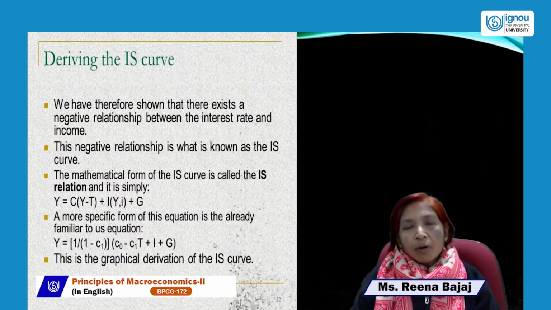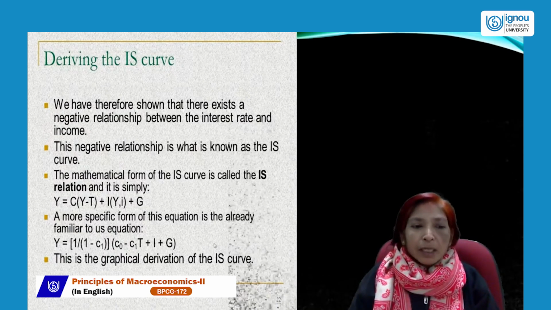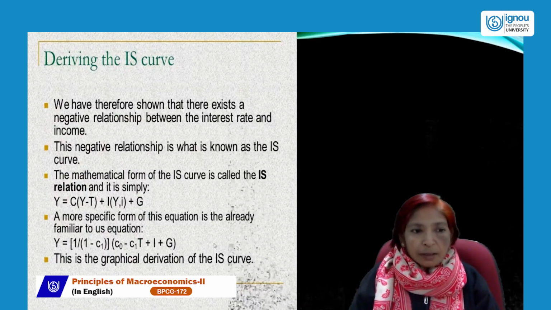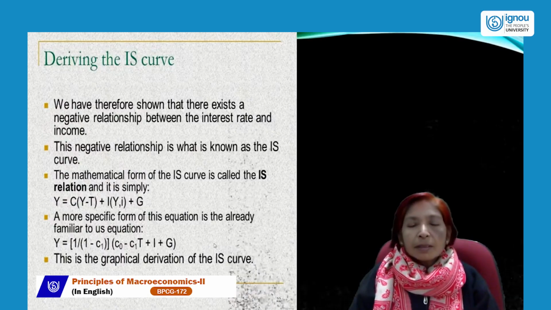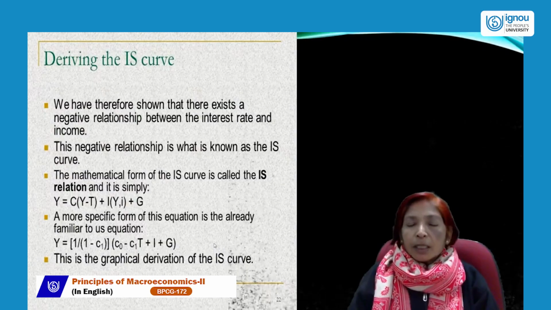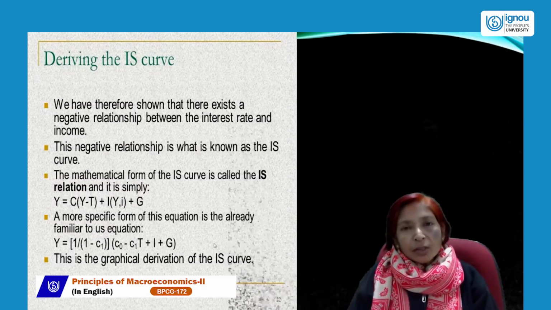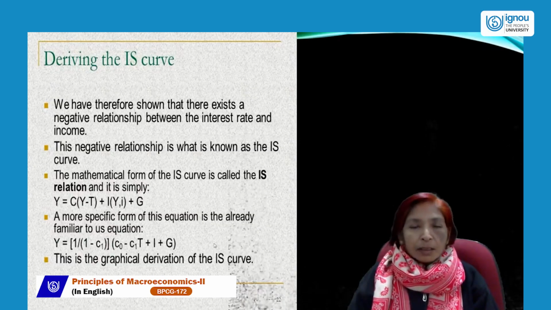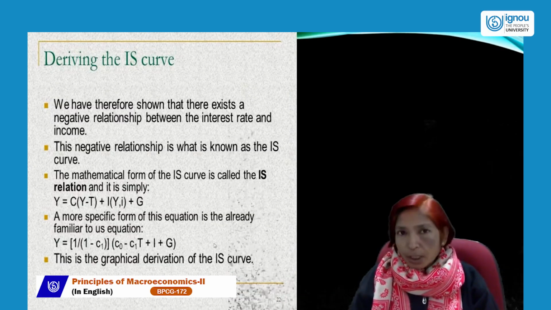The mathematical form of the IS curve is called the IS relation, and we can express it in this form: Y equals C plus I plus G. You know that in a two-sector economy, the equation will be C plus I. If there is a three-sector economy, then the equation will be C plus I plus G.